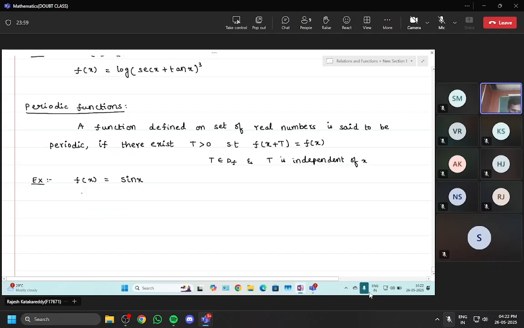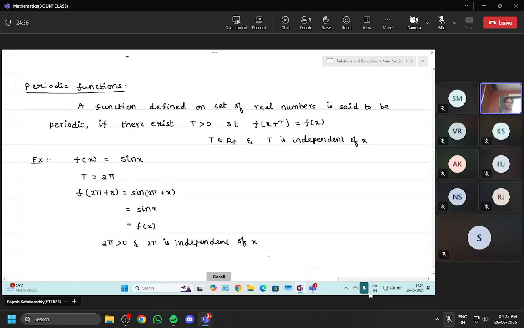Now take T equal to 2 pi, and then we know very well f of 2 pi plus x is equal to sin of 2 pi plus x, and sin of 360 plus theta is sin theta. So this is f of x. Now 2 pi is greater than 0, a positive real number. 2 pi is independent of x. And 2 pi is in the domain of the function, right?